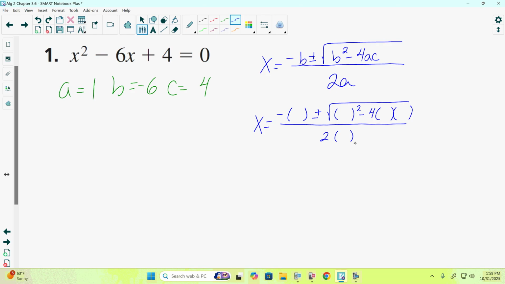Because if we start here, well, we know that b is what? -6. So we start off with -6 plus or minus -6 squared minus 4 times a is 1, c is 4, over 2a, 2 times 1.